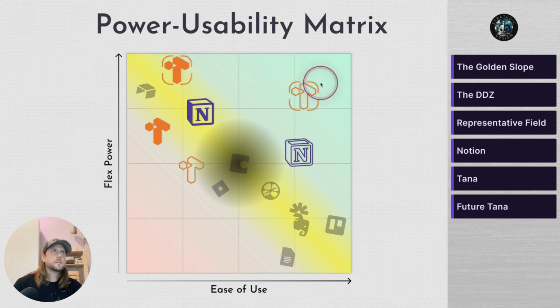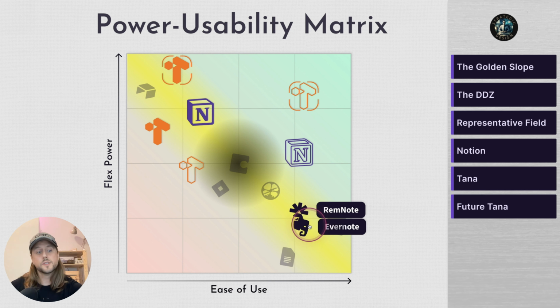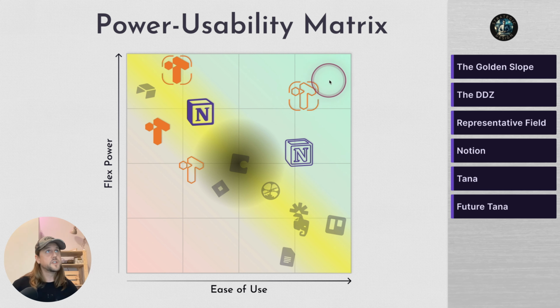When something moves into a position like this, it's not on the golden slope. It's not even close to the golden slope. It's way up in the upper right corner. Total green space. Green as far as the eye can see.